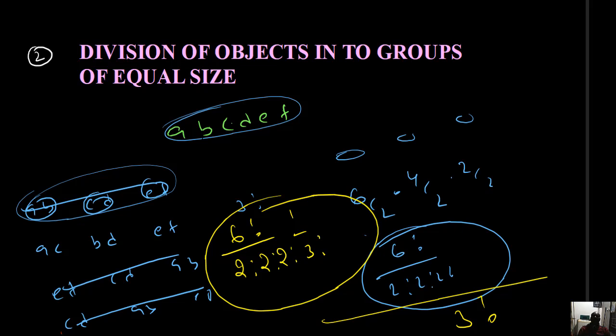Listen, students, here 6 different objects are given. We want to make them into 3 groups of 2 each. What is the actual answer? 6 factorial by 2 factorial into 2 factorial into 2 factorial. But this is not the right answer. What is the right answer?